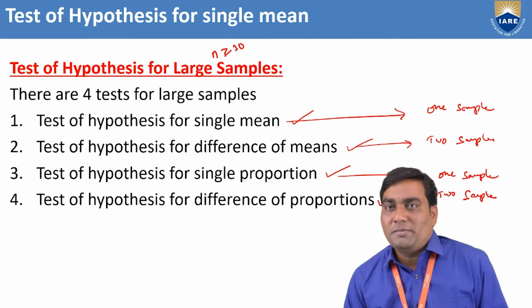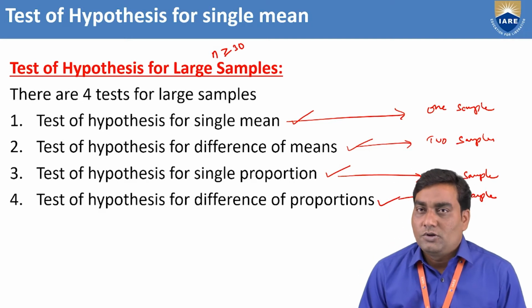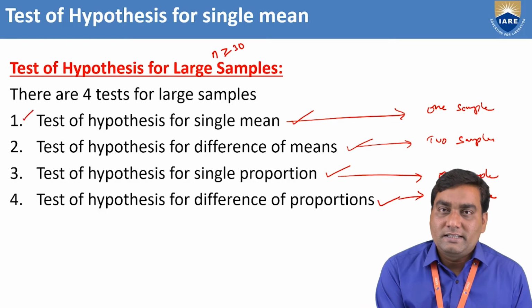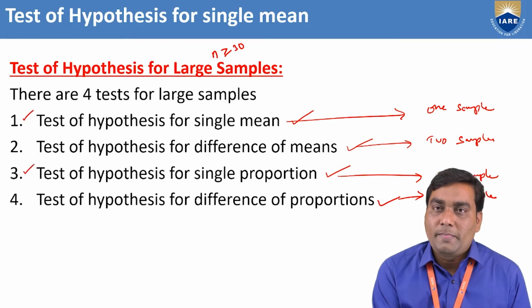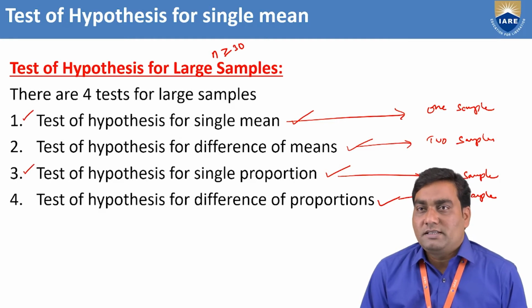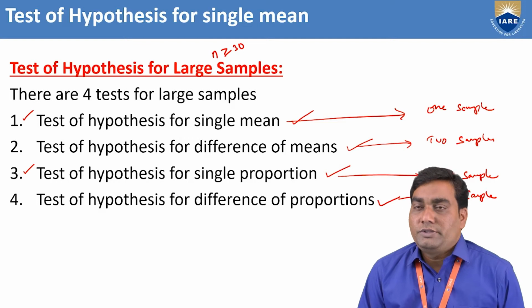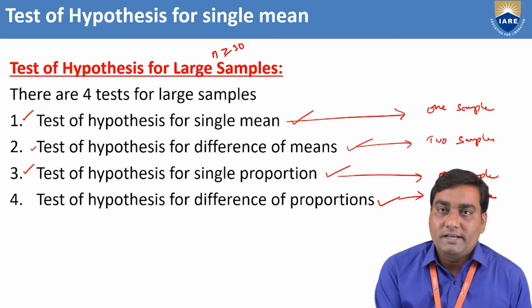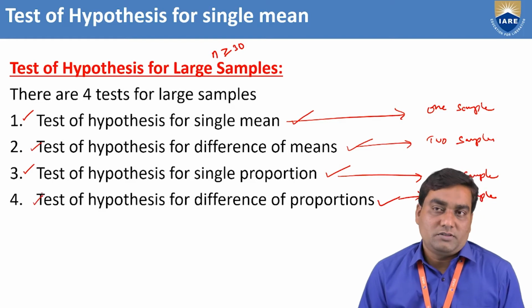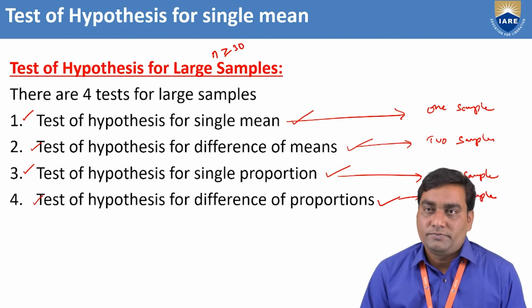In case the problem consists of only one sample, we can use either test of hypothesis for single mean or test of hypothesis for single proportion, that too large sample. In case the problem consists of 2 samples, either we can use test of hypothesis for difference of means or test of hypothesis for difference of proportions.